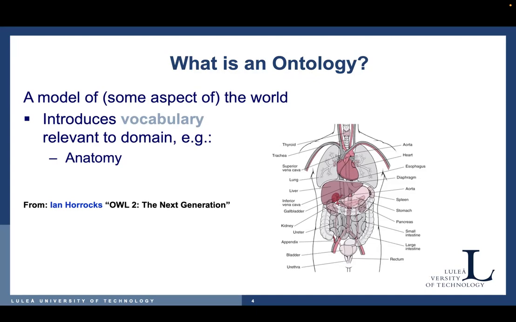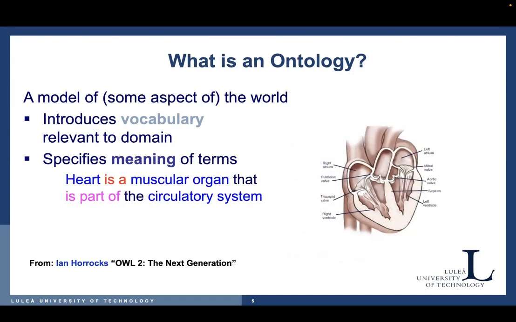Anatomy is one of the examples, with terms for the organs, the processes and the relationships between them. And terms remain just terms, or information without meaning. So we need to give meaning to these terms.